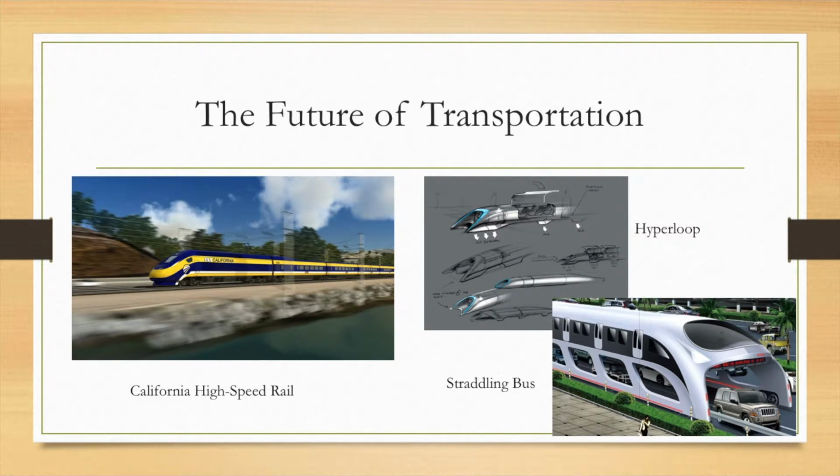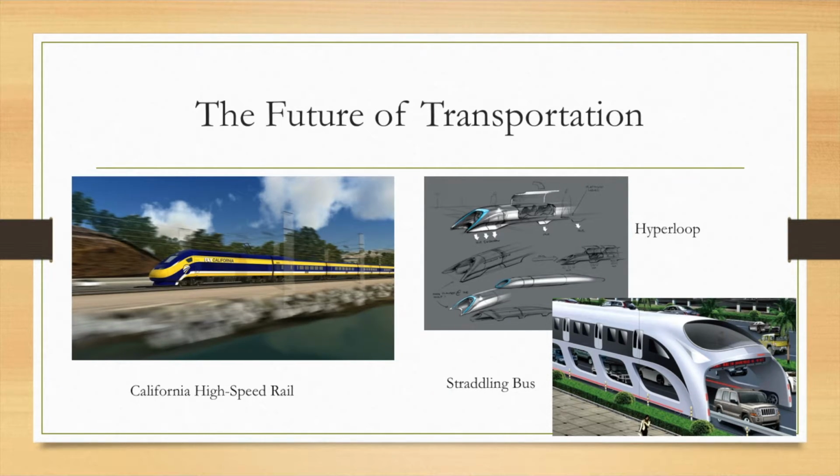The other form of transportation that I'd like to talk about is Hyperloop, which is a concept that was created by Elon Musk, the CEO of Tesla Motors. Musk created this concept of Hyperloop, which consists of a passenger capsule that travels through a continuous vacuum tube.